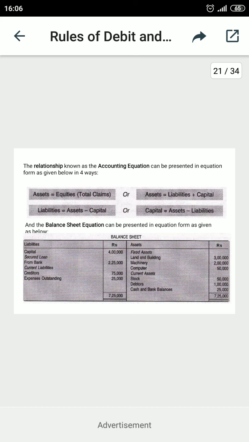In the same manner, the liability side has L plus C. The first item is capital, meaning the businessman's investment, and the other items, such as secured loan, are outside liabilities, meaning funds arranged from outside. The total is again 7,25,000. It means this liability side has owner's liabilities as well as borrowed liabilities, L plus C.